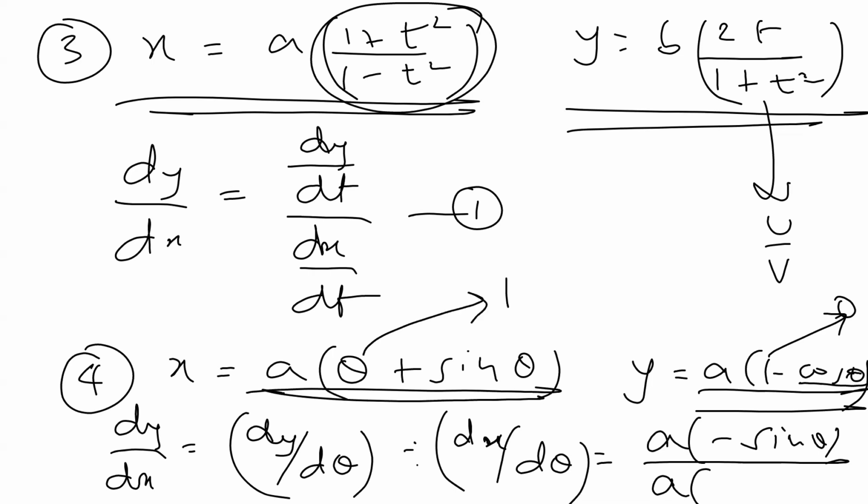Derivative of theta with respect to theta is 1, and derivative of sine theta is cos theta. So a gone. This is your final answer. No need to simplify this further. The textbook people have done that. Not a requirement.